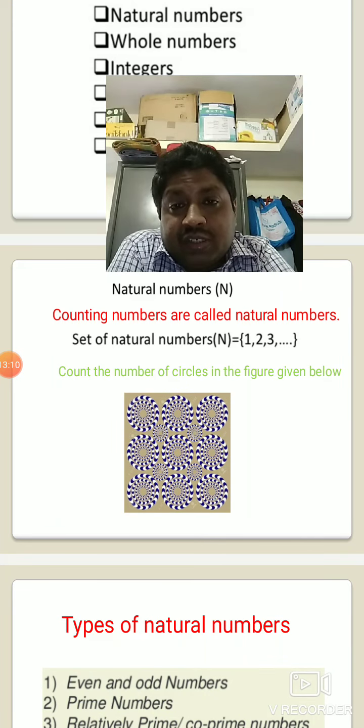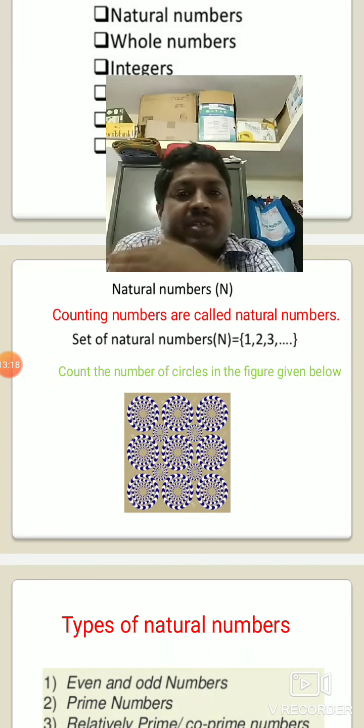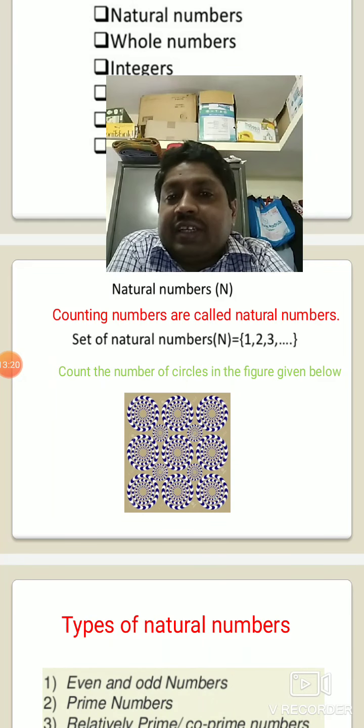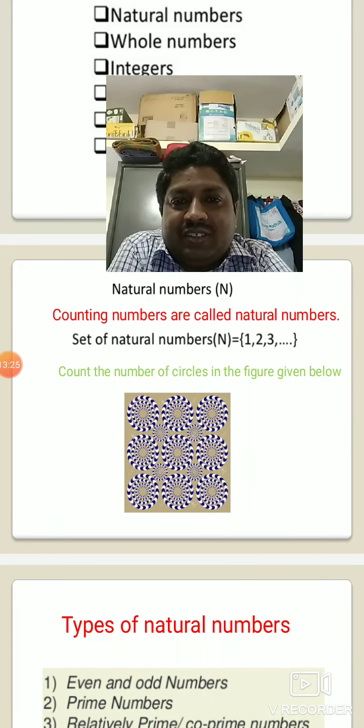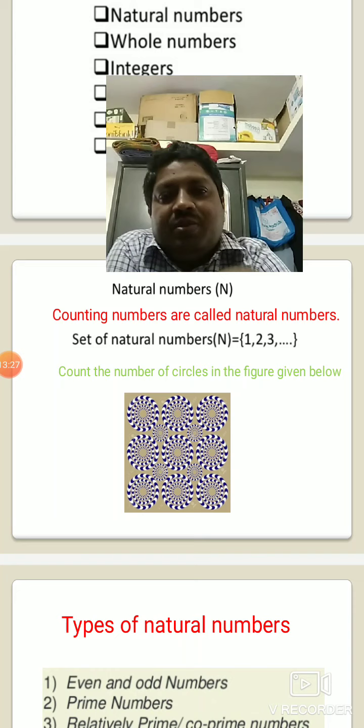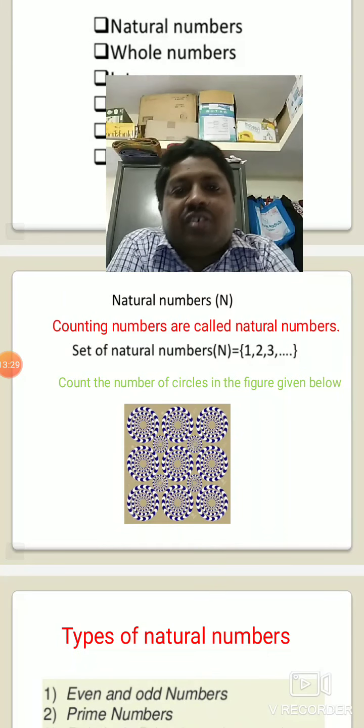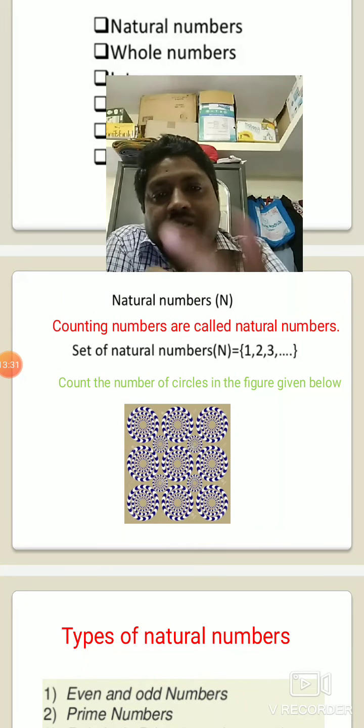Suppose you are very aggressive or angry, then somebody will say count the numbers in reverse: 100, 99, 98, 97, like that. Then what will happen? You will get concentration. So that is a counting activity.